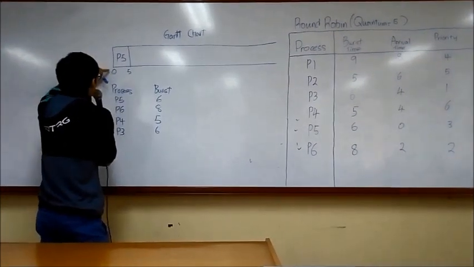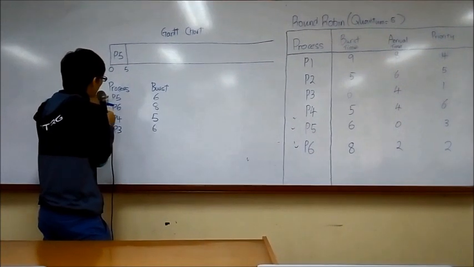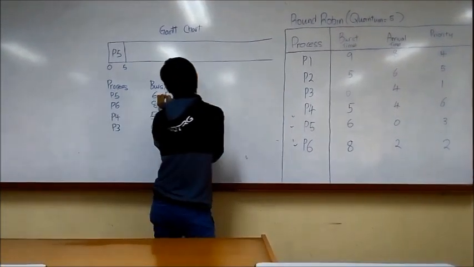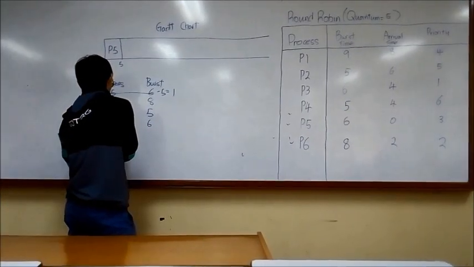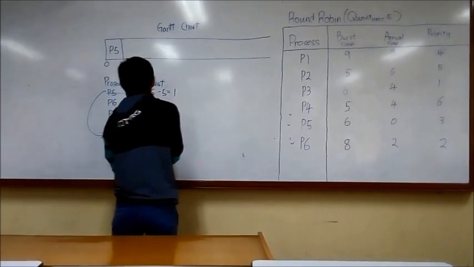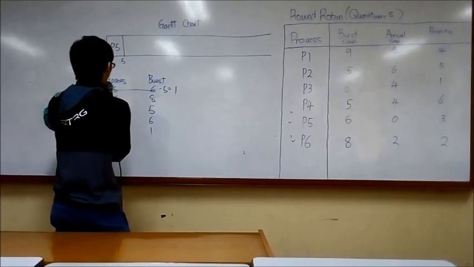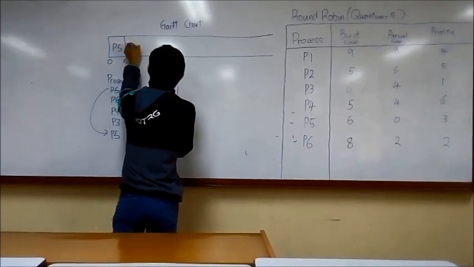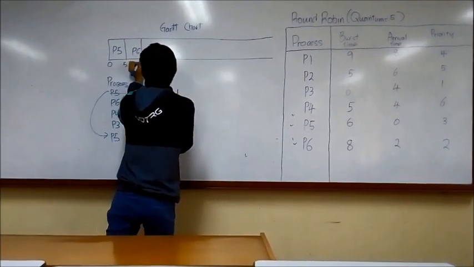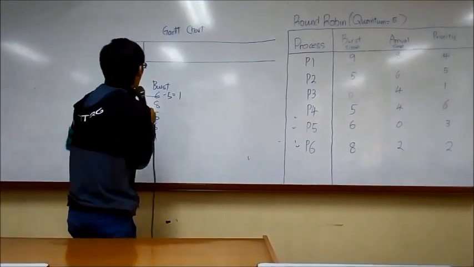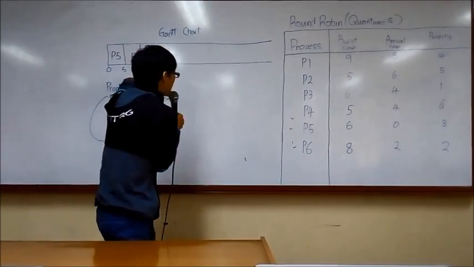We go up again. Because the duration is 0 until 5, in the small table we need to minus 5, equal to 1, and then we cancel it out, bring P5 to the bottom, and the burst time left is 1. We continue to the process P6. Same again, because the quantum is 5, 5 plus 5 is 10. And between the duration 5 to 10, we see whether any process is coming or not.